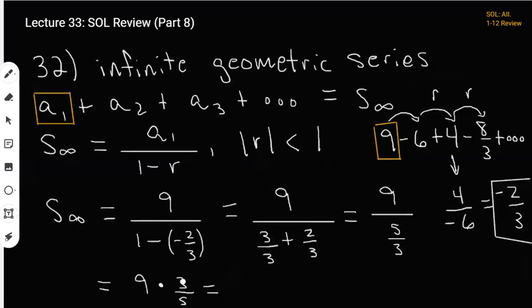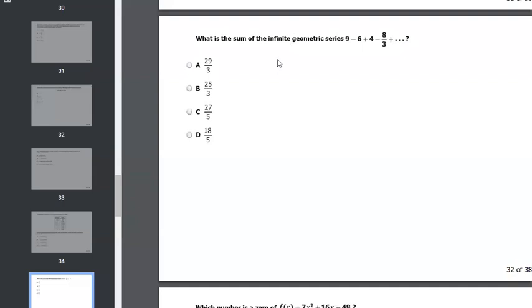And then 9 times 3 is 27, so 27/5. That's going to be the sum of my series. And that is C.